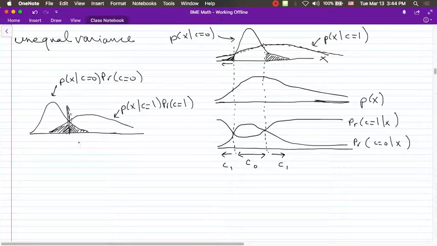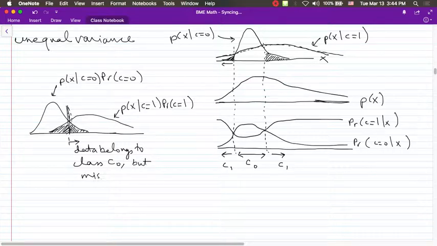So this here is data that belongs to class C0, but will be misclassified as C1.